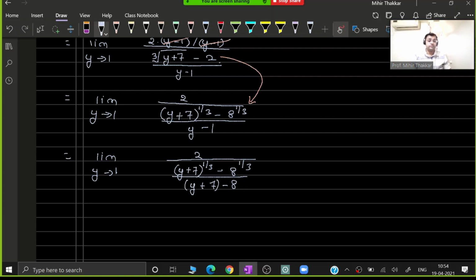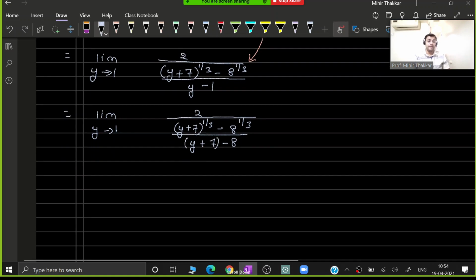So now you can observe that I have adjusted the value y plus 7 in the numerator as well as in the denominator. So as we always do, whatever is the bracket element is substituted as a new variable. So generally we consider the variable x in terms of y. Here it is opposite, so no worries. We will do the same thing. I will just say let y plus 7 is equal to x.